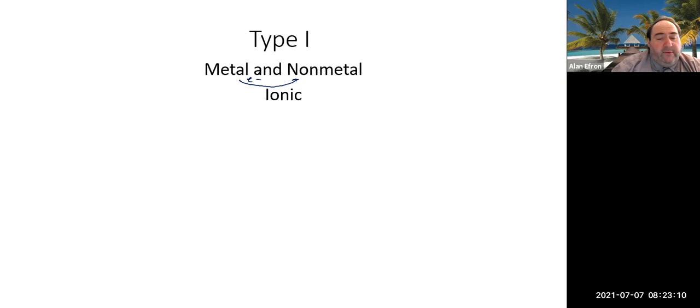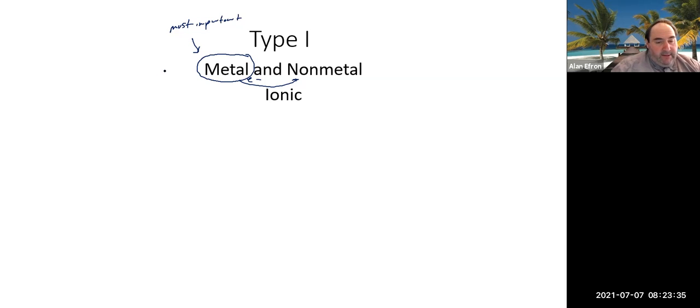So when we're dealing with type 1 compounds, honestly, whenever you're dealing with a metal and a non-metal together, it is always the metal that is the most important. And what I mean by that is pretty much, where on the periodic table do we find that metal?